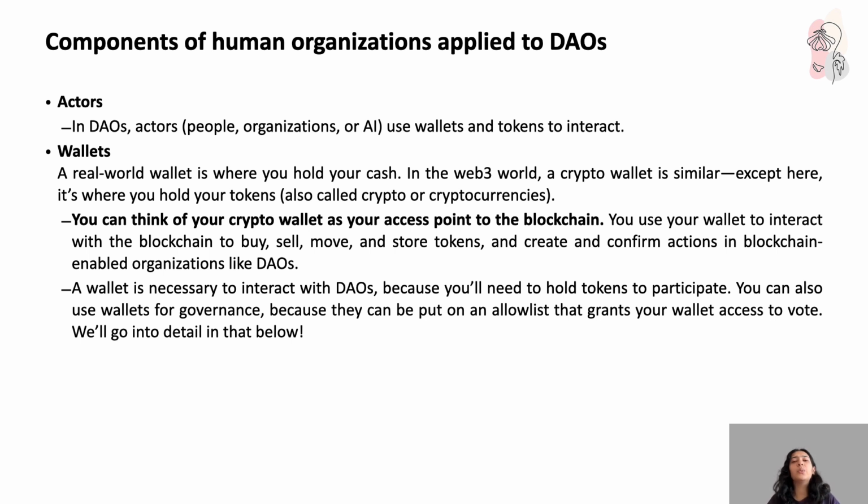But in the Web3 world, a crypto wallet is similar, except that it's where you hold your tokens. You can call it tokens, crypto, or cryptocurrency. You can think of your crypto wallet as your access point to the blockchain. You use your wallet to interact with the blockchain to buy, sell, move, and store tokens, and to confirm actions in blockchain-enabled organizations like DAO. Do you get that?